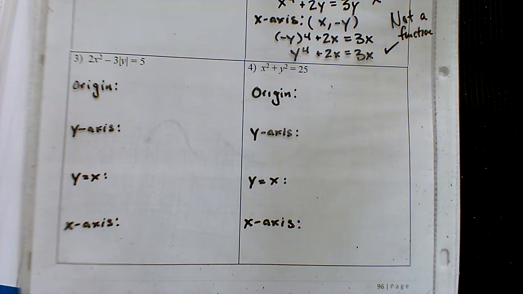Does the order matter? Yes, you have to do it in that order. Sometimes if you don't do it correctly, you can't get it. Why is that order wrong? Because I don't like it. I like origin, x-axis, y-axis.